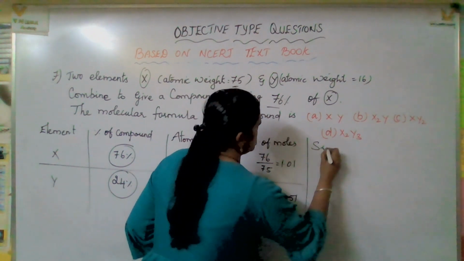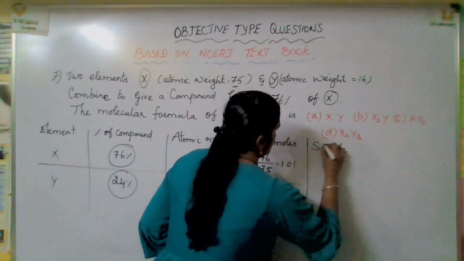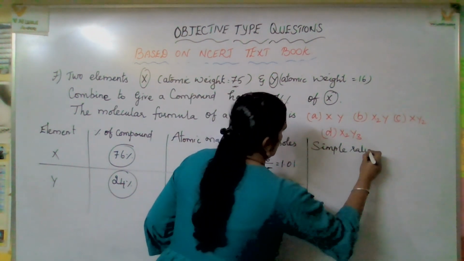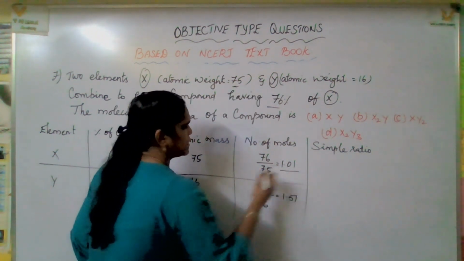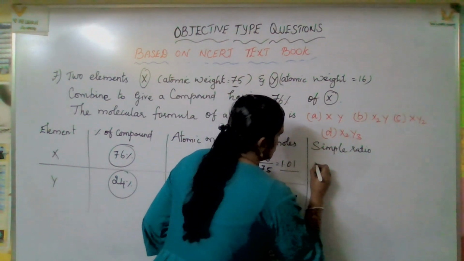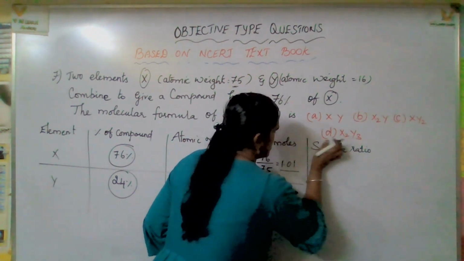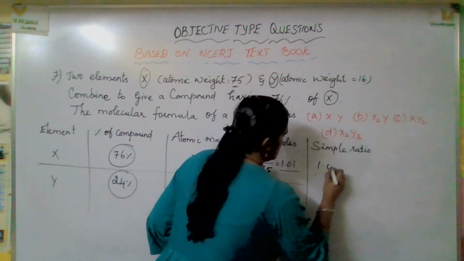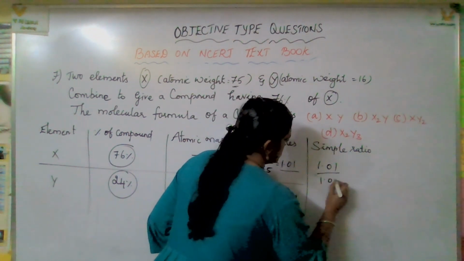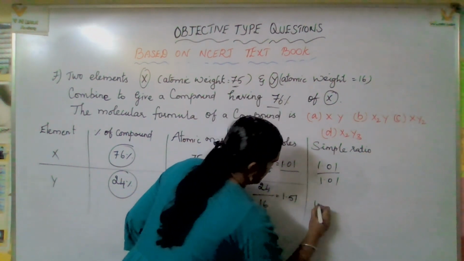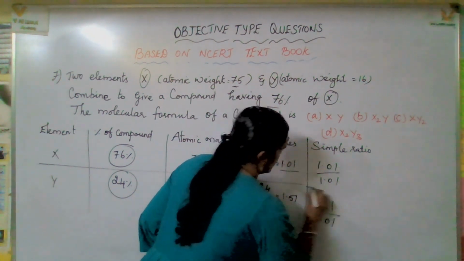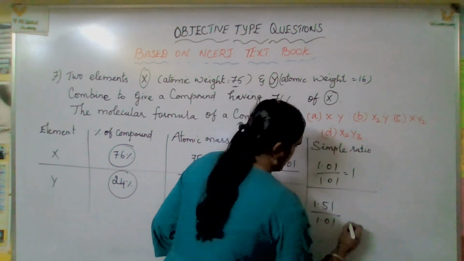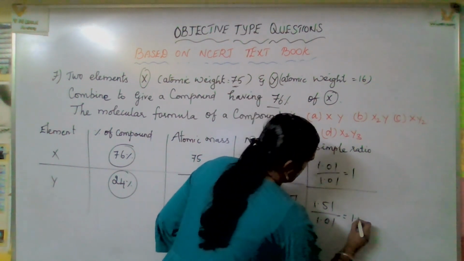Now the simple ratio. How to identify the simple ratio? Take the least number, which is 1.01. So 1.01 divided by 1.01, and here 1.51 divided by 1.01. Here you will get 1, and here you will get 1.5.